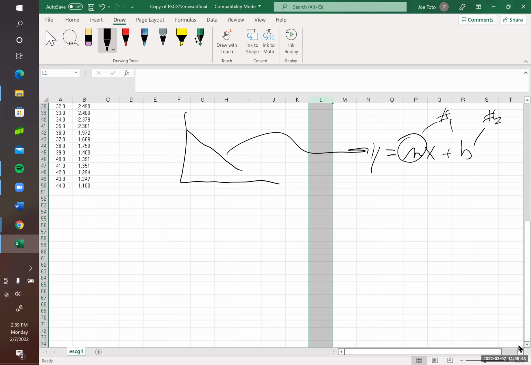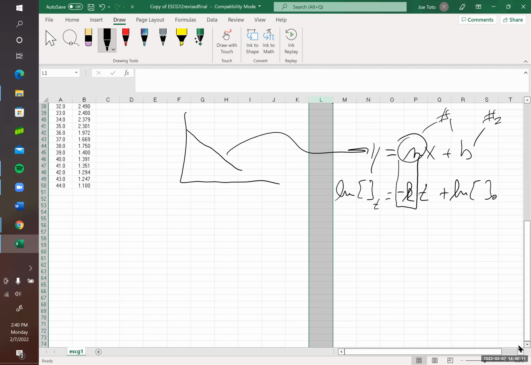Now, through association with the integrated rate law for first order, I can use these numbers that Excel gave me to calculate the rate constant as compared to the slope.